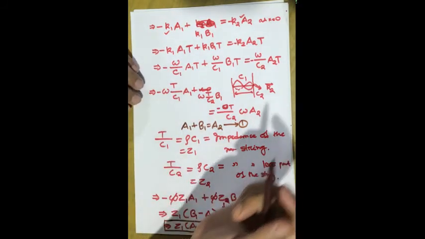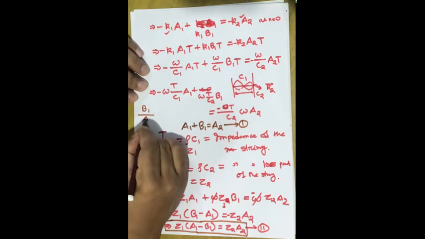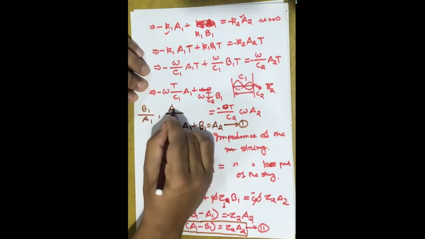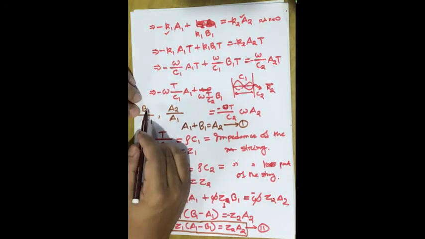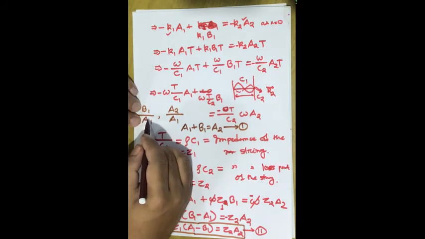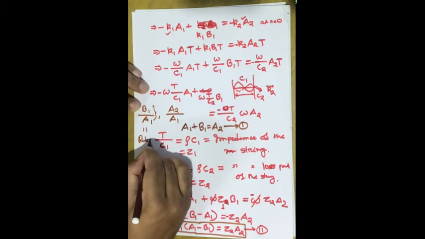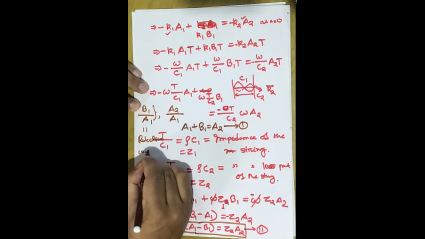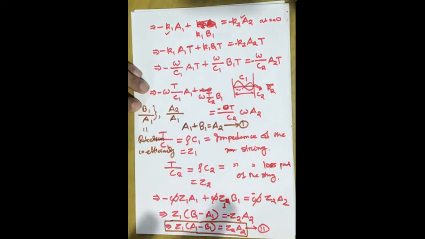Okay, so next step, what is our aim? In order to find the ratio between B1 by A1 and A2 by A1. Now you see, what is B1? B1 is the amplitude of the reflected wave and A1 is the amplitude of the incident wave. So this ratio basically will give us the reflection coefficient. The reflection coefficient is a quantitative measure of how much of the incident wave is reflected.